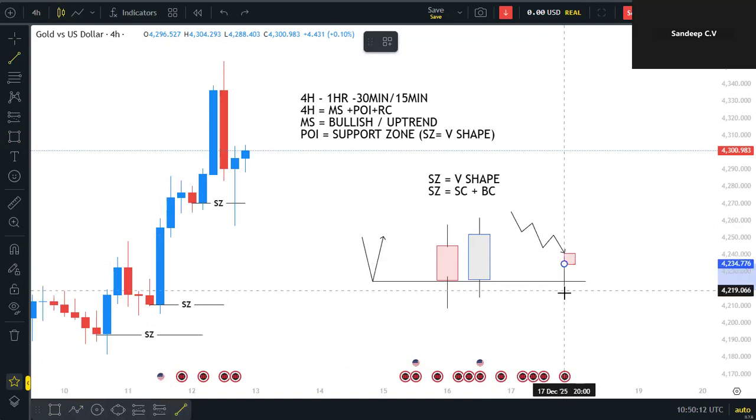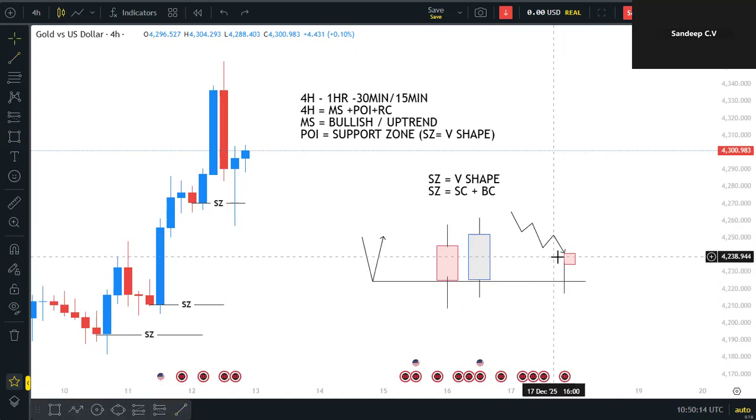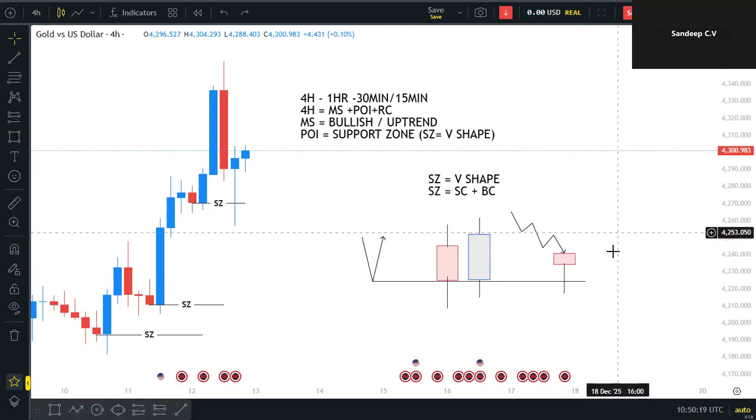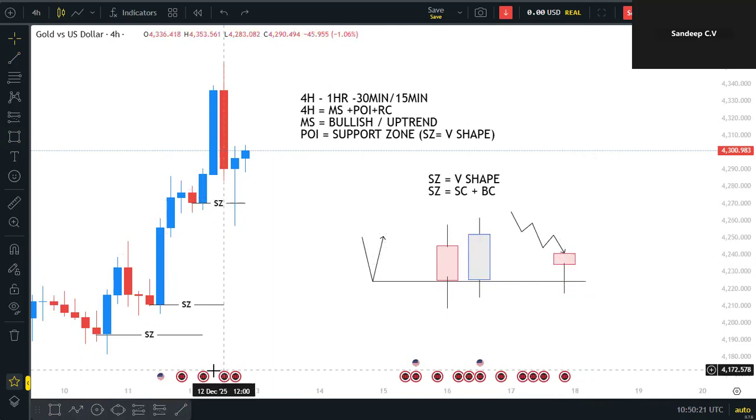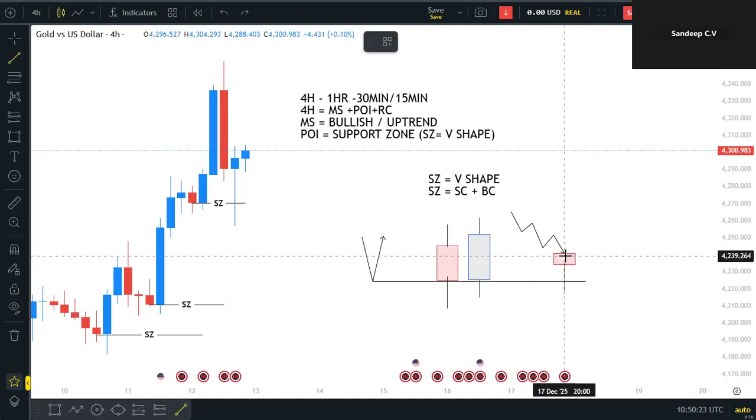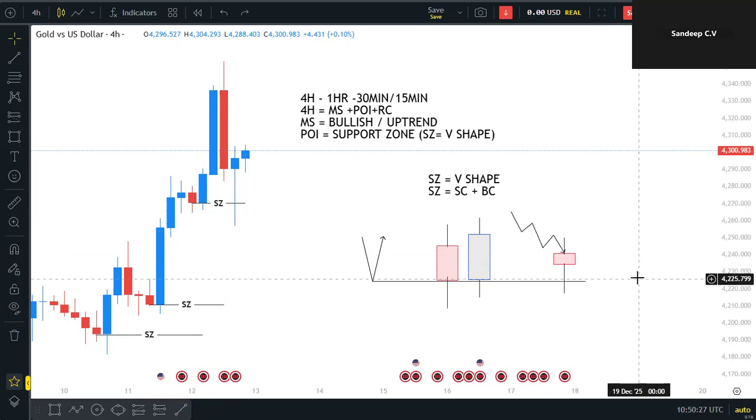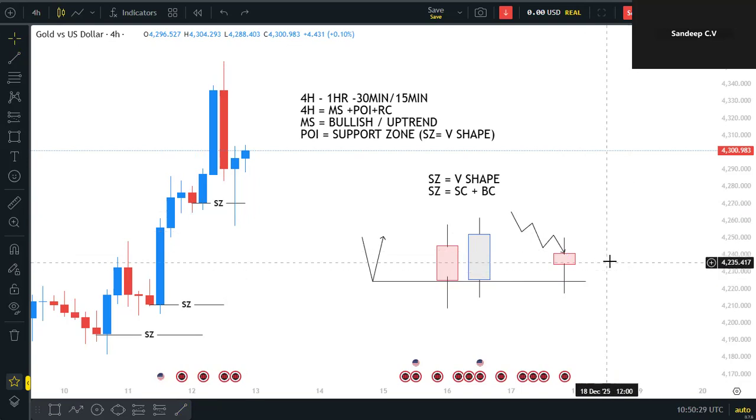Once the body of the candle is above the zone, I consider it a rejection.